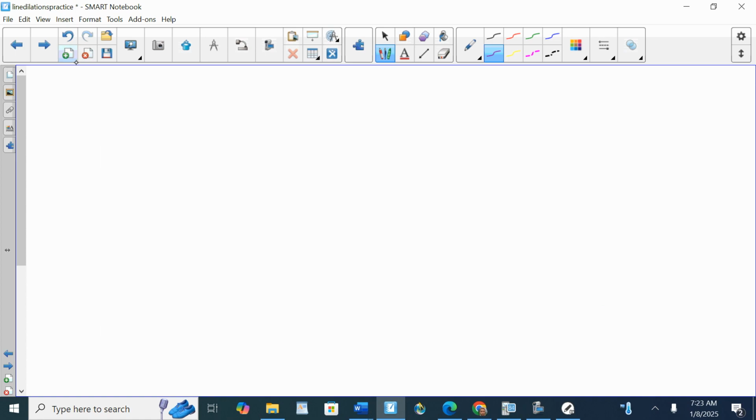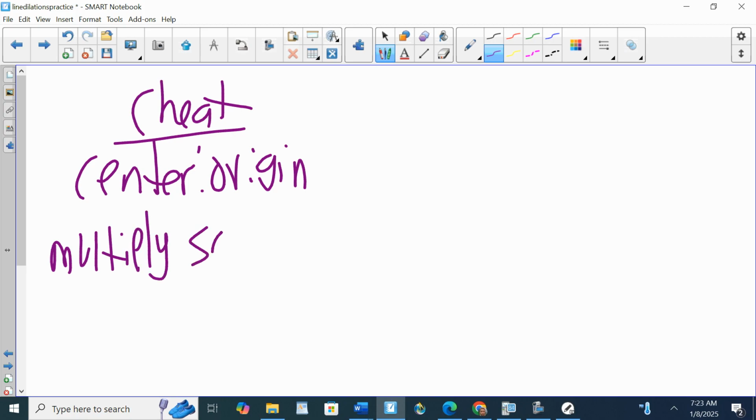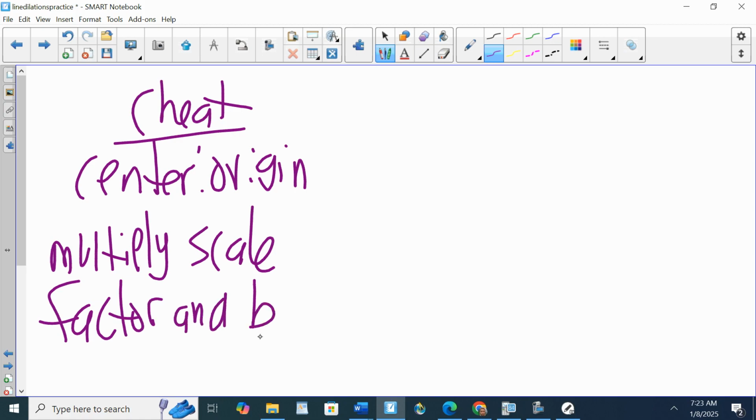So here's the cheat. If the center is the origin, multiply the scale factor and b. The slope always stays the same.